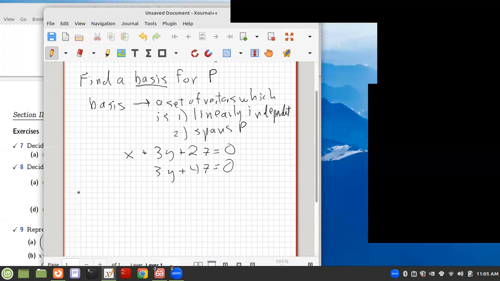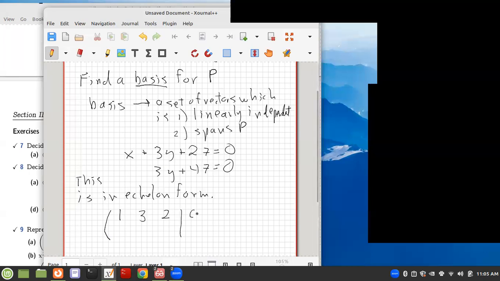Well, this is in echelon form already, because there's nothing under the x component here. And just to be clear, if we wrote this as the augmented matrix, it would be 1, 3, 2, 0, 0, 3, 4, 0.